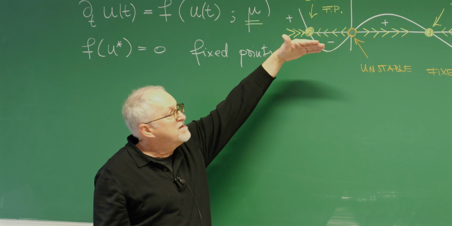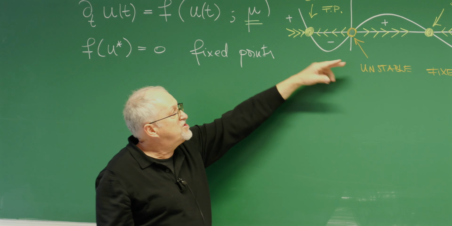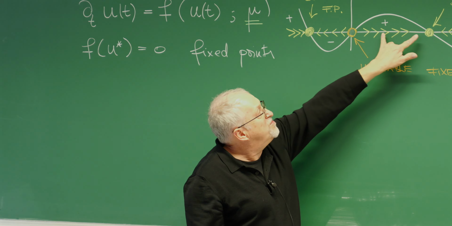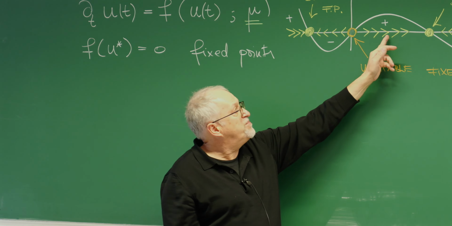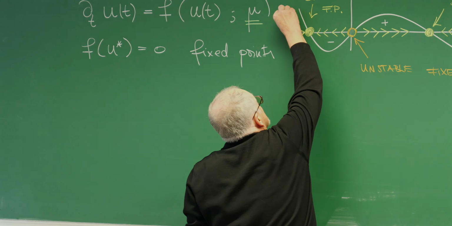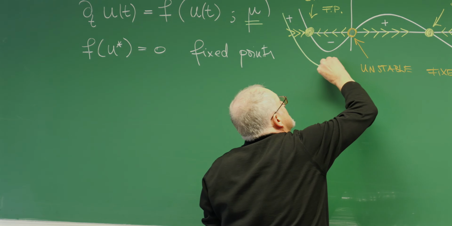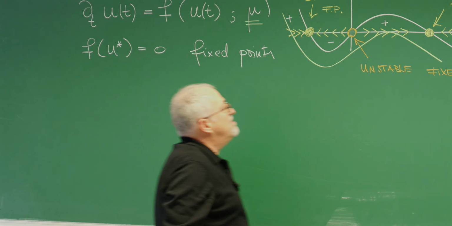So in your mind, just shift this curve here down. And as you shift it down, these 2 points will merge together until at some point they vanish. And this will be roughly, if I draw it, at a point like so.